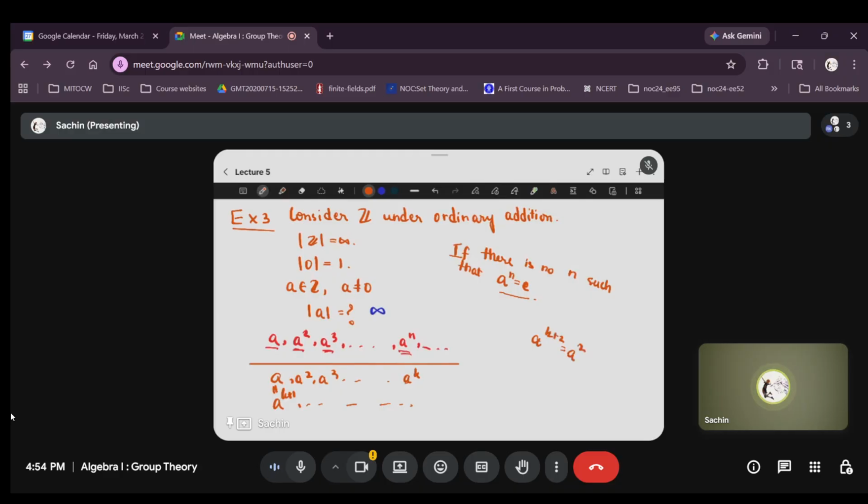What's the problem now? No, that's not true, right? Why should k plus 2 be equal to 2?